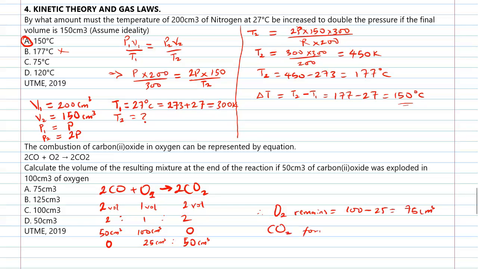CO2 formed is 50 cm³. Therefore, the resulting mixture has a volume of 75 plus 50, which is 125 cm³. The correct answer is B.